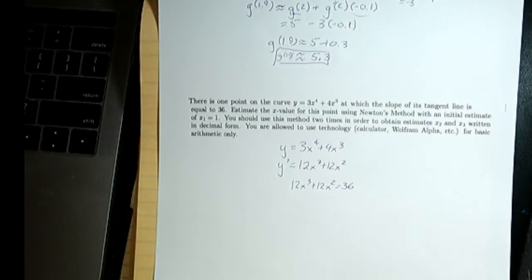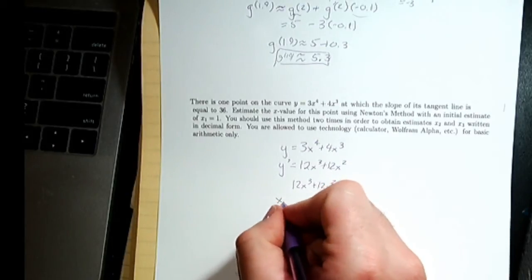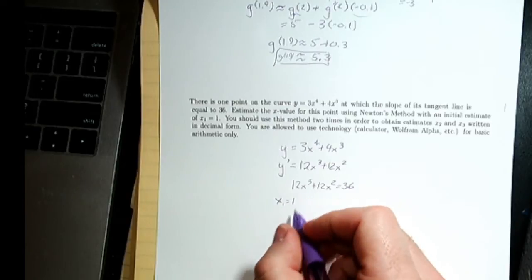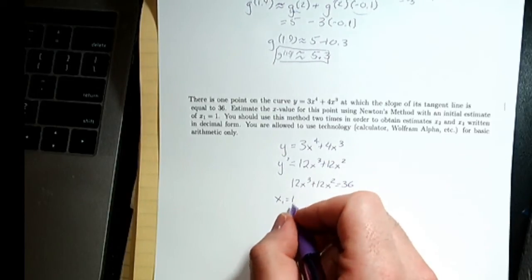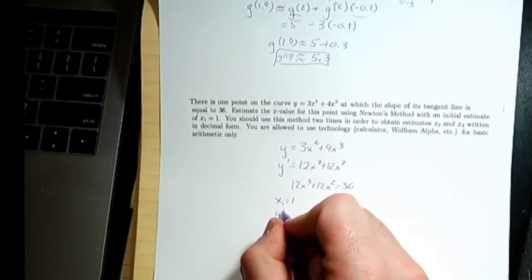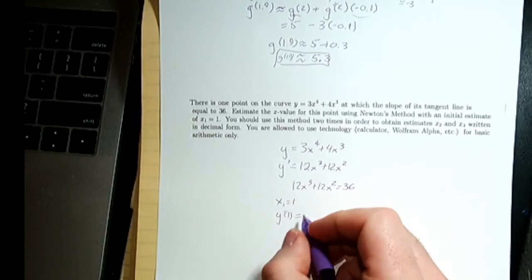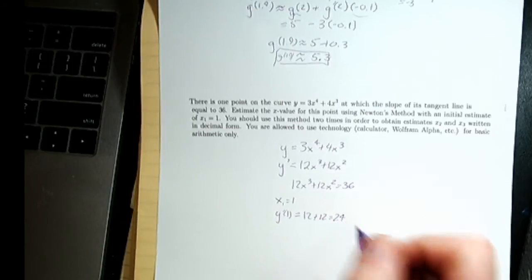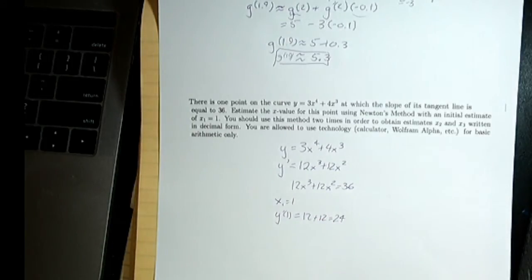And the point they say to start with is x1 equals 1. Well, if we plug in 1, what do we get? y prime of 1 is equal to 12 plus 12, which is 24. So there's an interesting starting point.